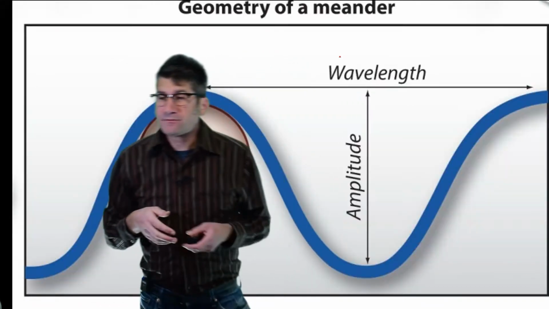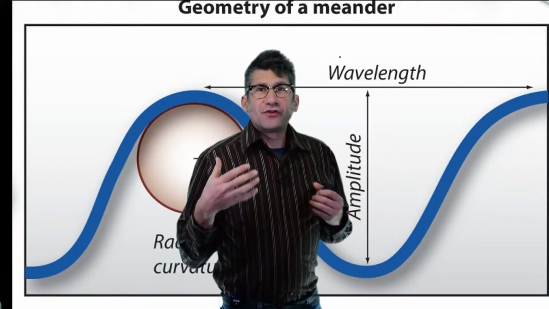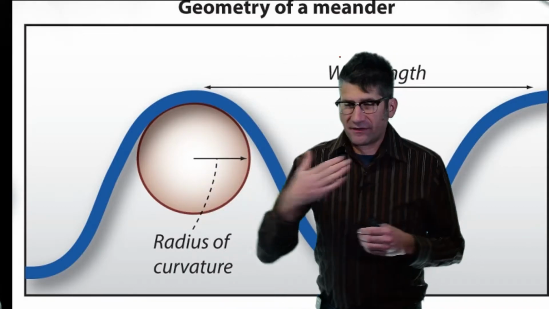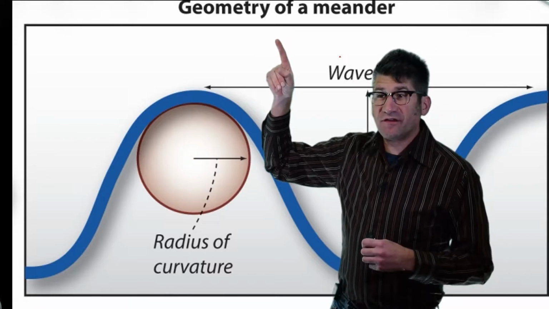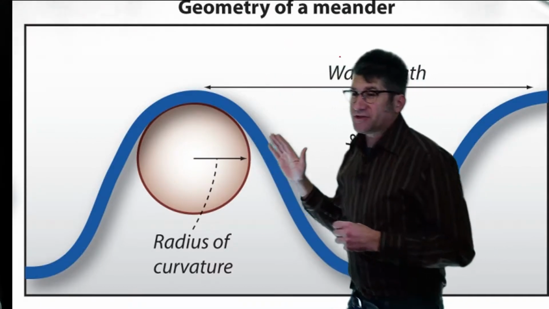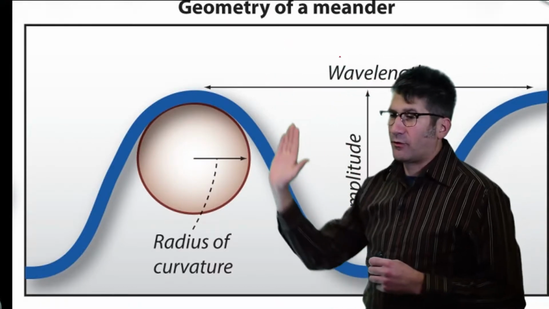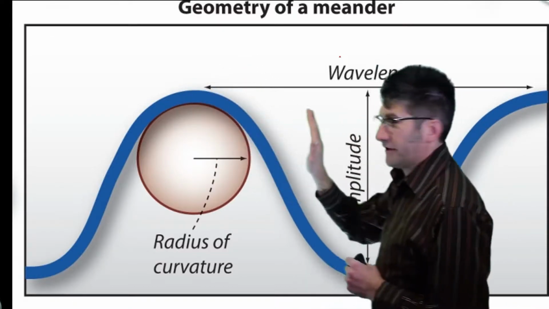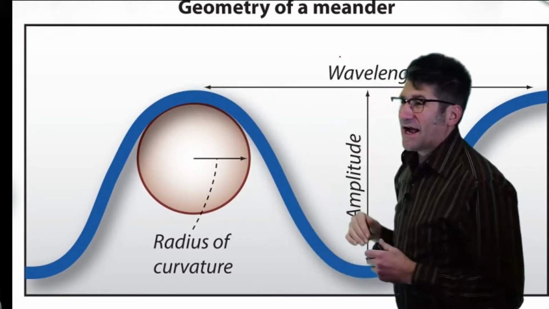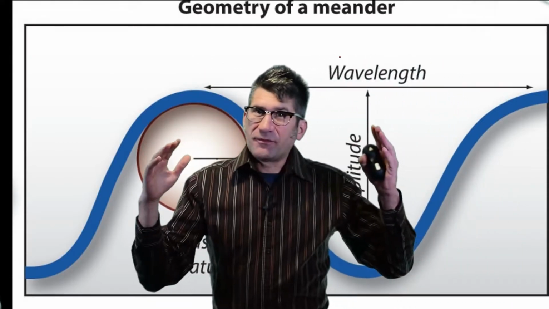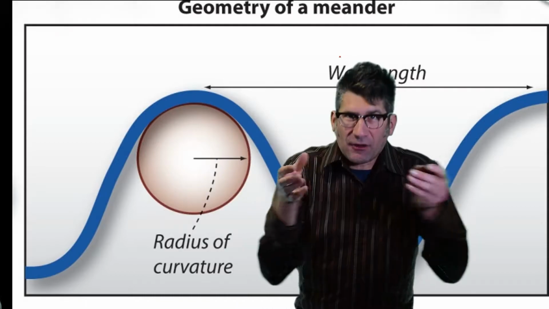The other characteristic of the sinuosity of the channel that we measure is something called the geometry of a meander. The geometry of the meander is going to tell us a little bit more about the form of the channel right here. How big are these meanders, these curves? How tight are they?